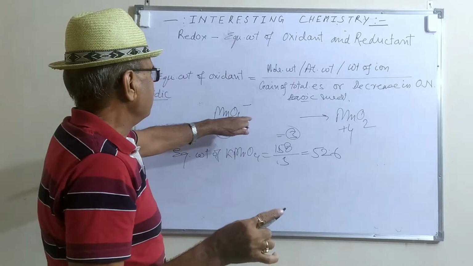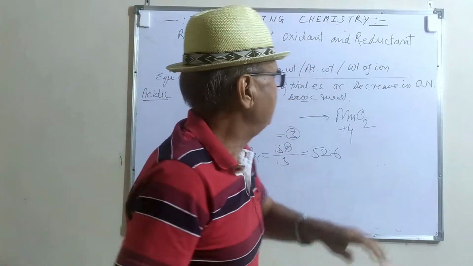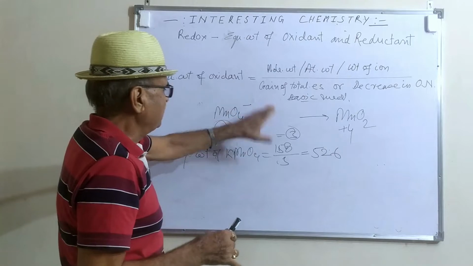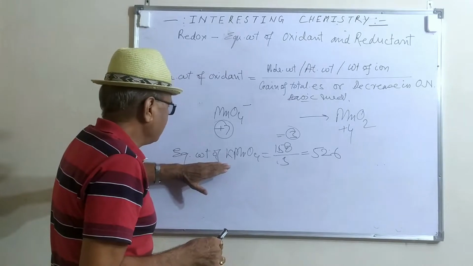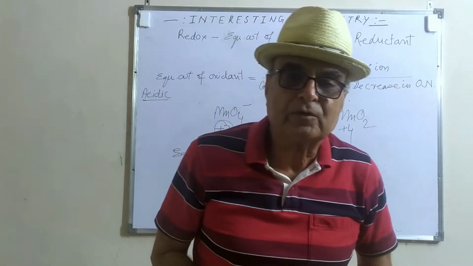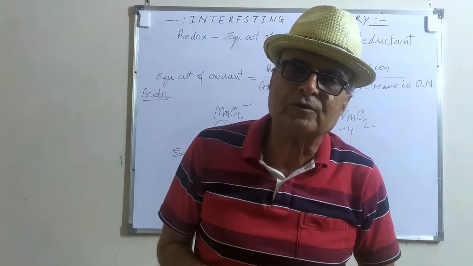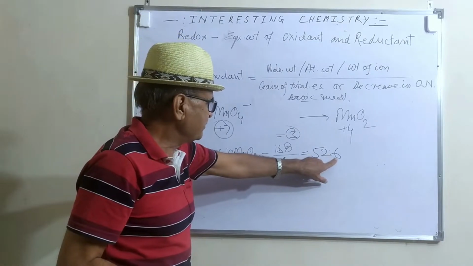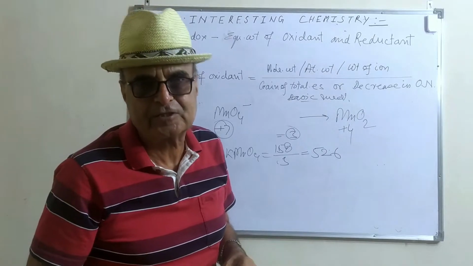Again, in the basic medium, only 3 electrons will be gained by MnO4 negative. So you will divide 158 by 3. It is the equivalent weight of KMnO4 in basic medium. So if a question is asked in your examination, what is the equivalent weight of KMnO4 in basic medium, you can calculate 52.6, and in acidic medium, that is 31.6.